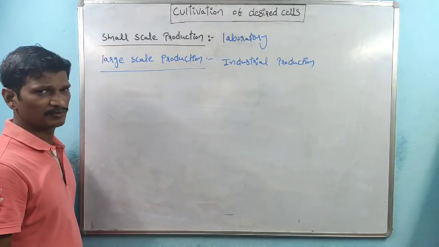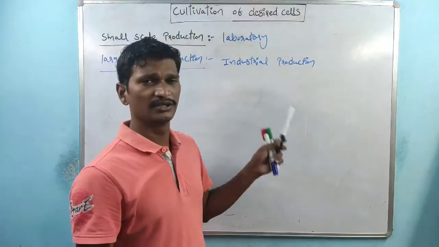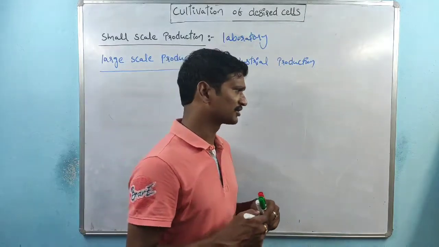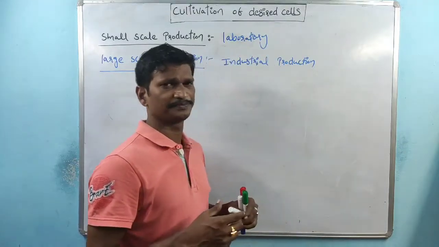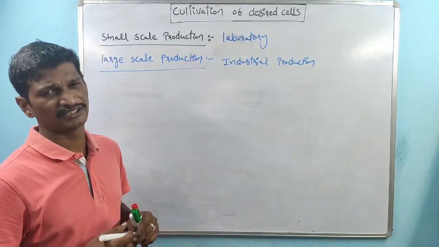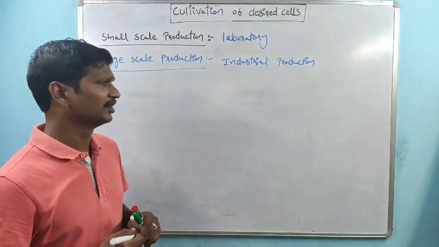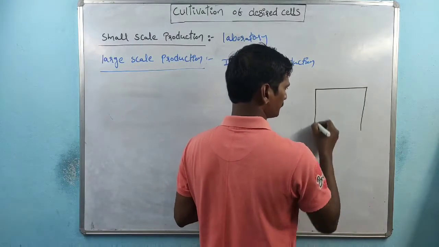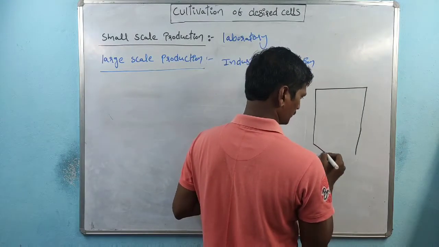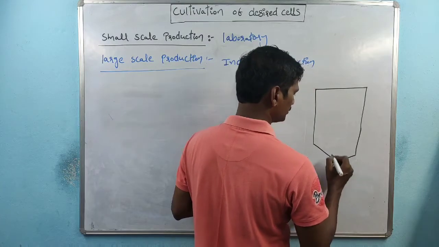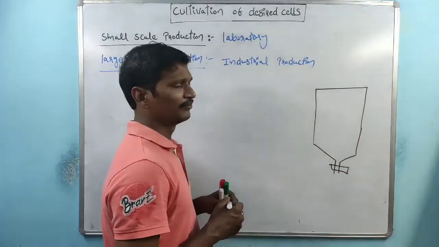The large scale production is done within industries. We know about different types of industries, and within industries there are different types of devices. This is one of the devices, or huge containers.